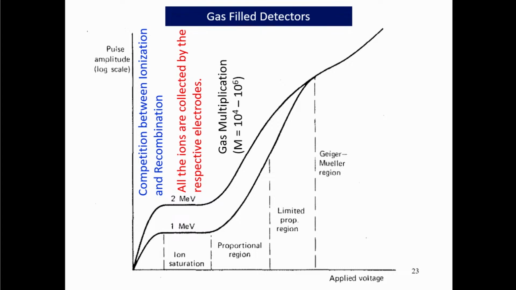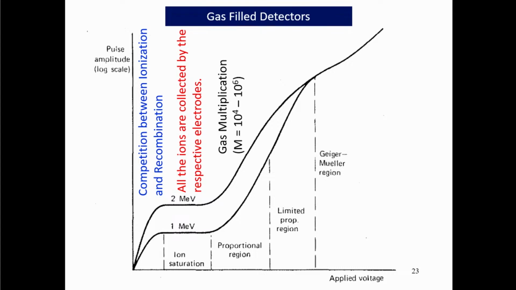Imagine these two lines, one for 1 MeV and one for 2 MeV radiation. When your energy is high, you have more pulse amplitude. They were running parallel up to this point, but when they started losing proportionality, the energy dependence was reduced. So you no longer have any energy dependence or proportionality. This is called the limited proportional region, and it is of no use to you.